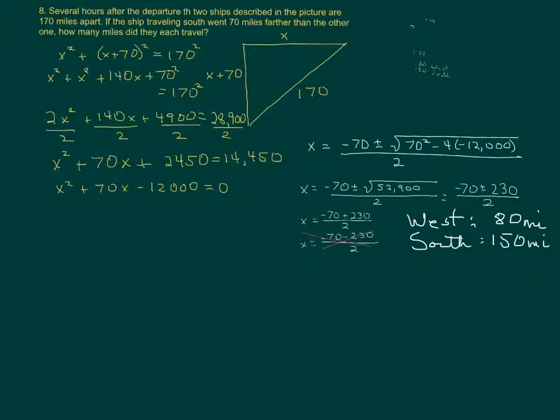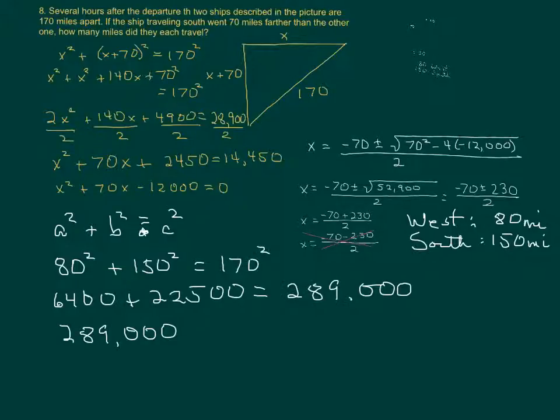We use the Pythagorean theorem again. The Pythagorean theorem says a leg squared plus a leg squared equals a hypotenuse squared. So in this case, going west is 80 miles. So we square 80, and then going south is 150. So we square that. When I said plus, it should be equal. So it should equal 170 miles squared.